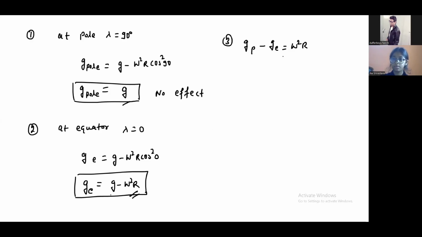If anyone asks what is the increase in weight of the body from pole to the equator, we can say mass into g_p minus g, that means m omega square r.